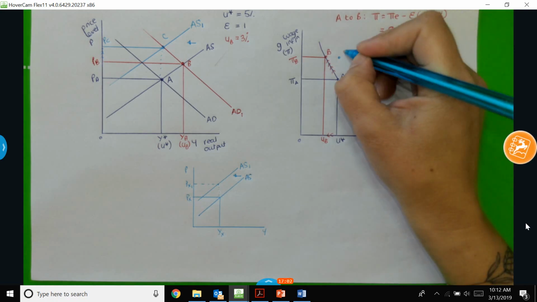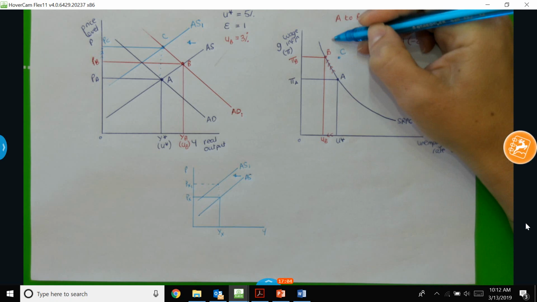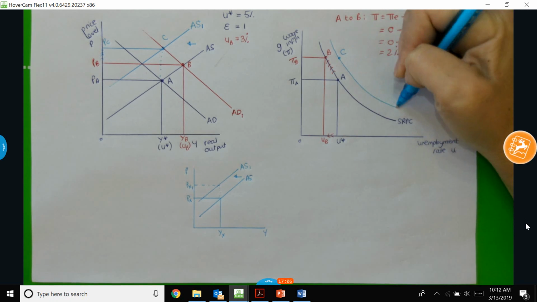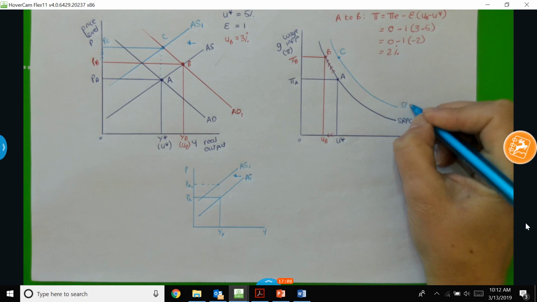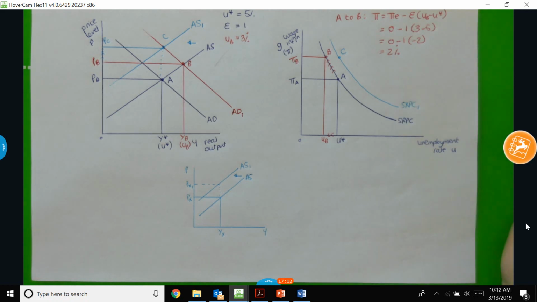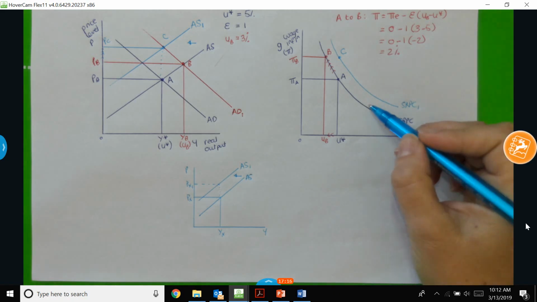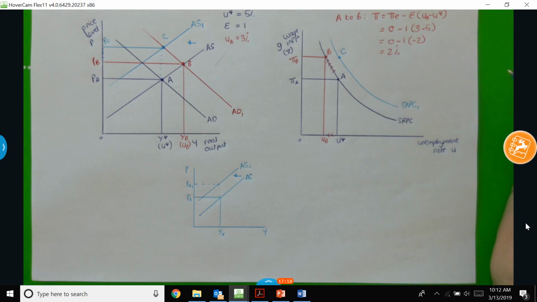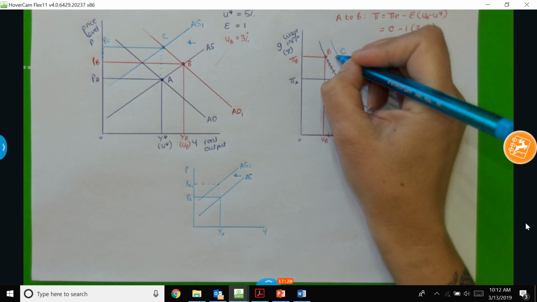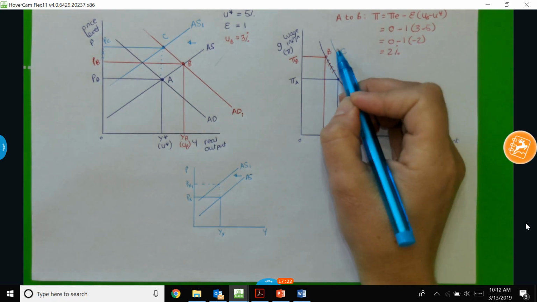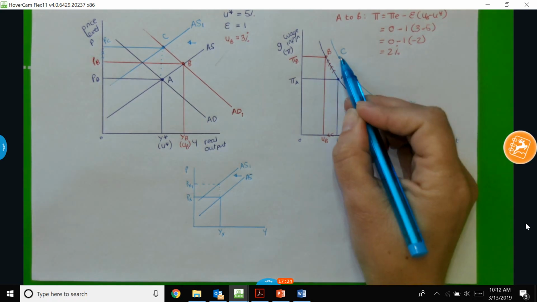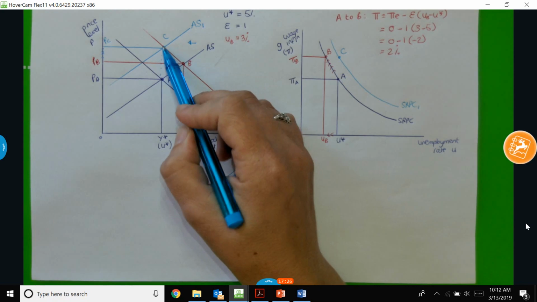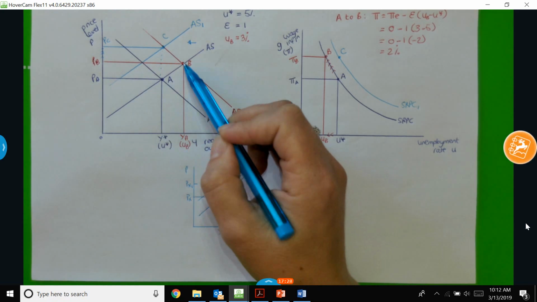So point C over here, we can then draw it in, and what we are then inadvertently doing is recognizing that over time, because of inflationary expectations, the short-run Phillips curve can shift over time. So point C on this new short-run Phillips curve corresponds to point C on the aggregate demand and aggregate supply model.